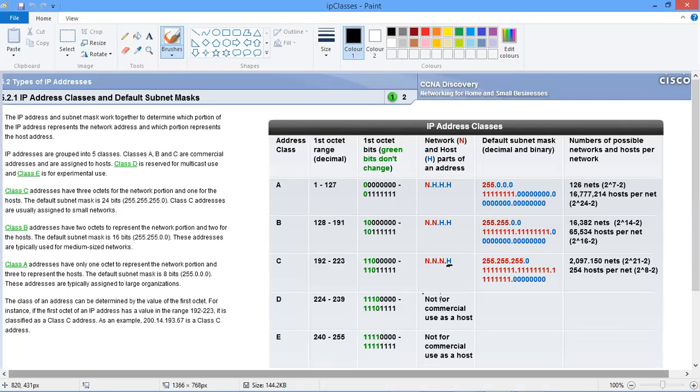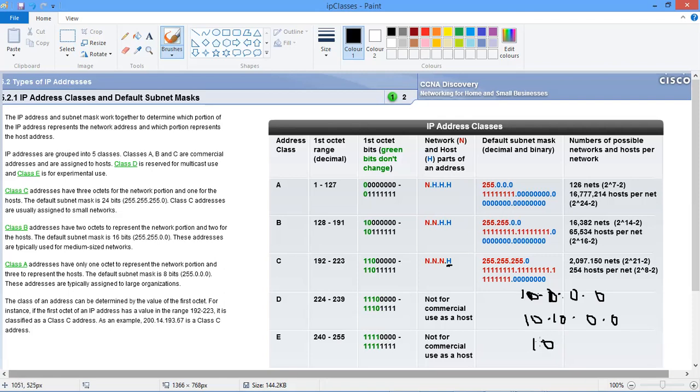Okay, so if you look at this, 10.0.0.0 is a network address, but 10.1 or say 10.10.0.0, this is an IP address.